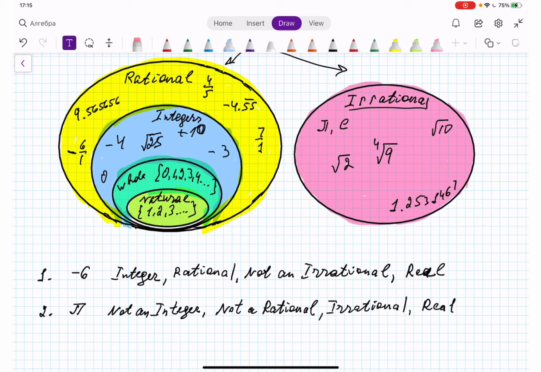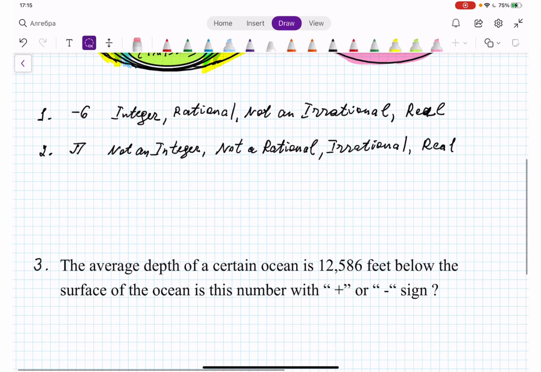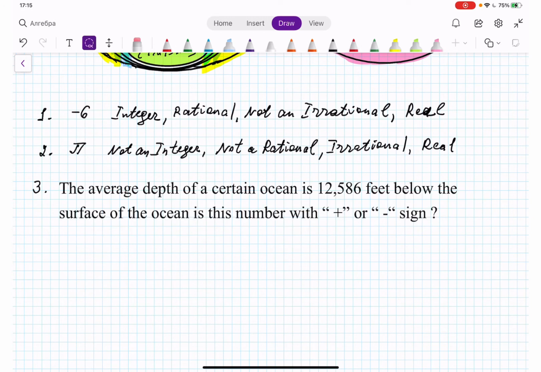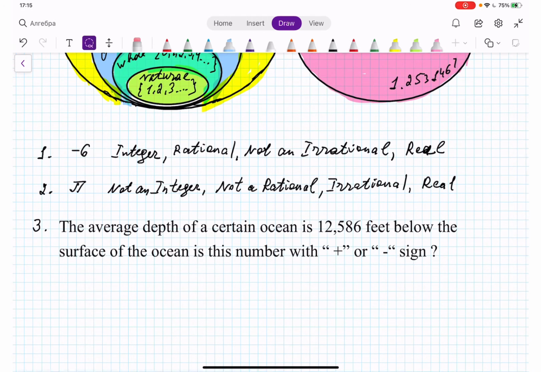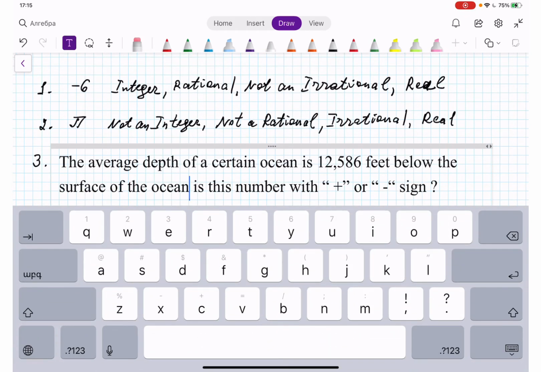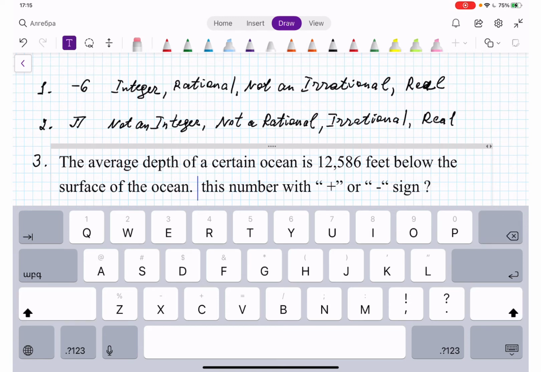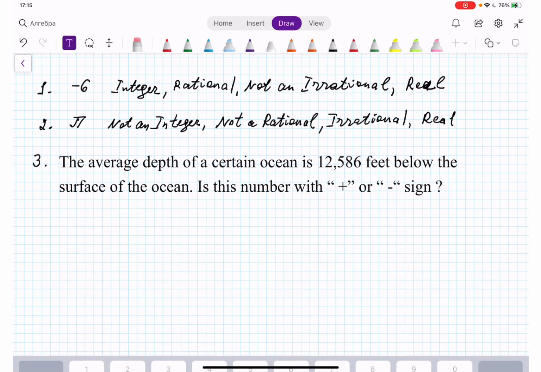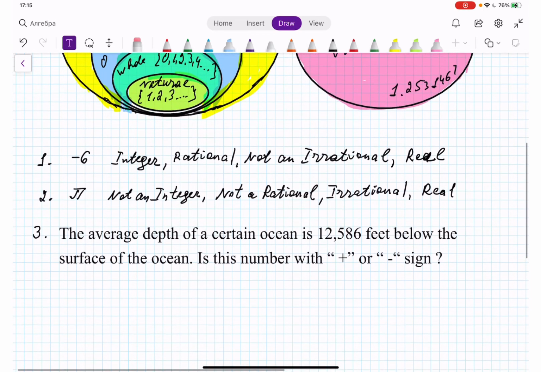Question number 3. The average depth of a certain ocean is 12,586 feet below the surface of the ocean. Is this number with a plus or minus sign?